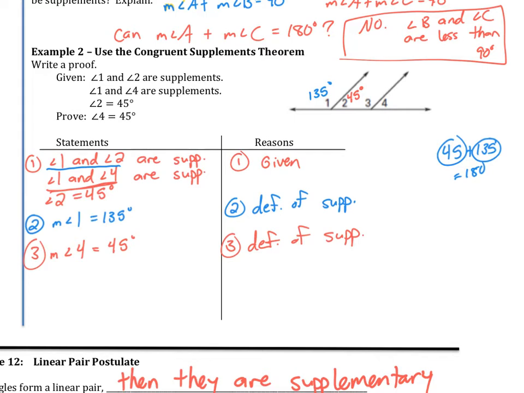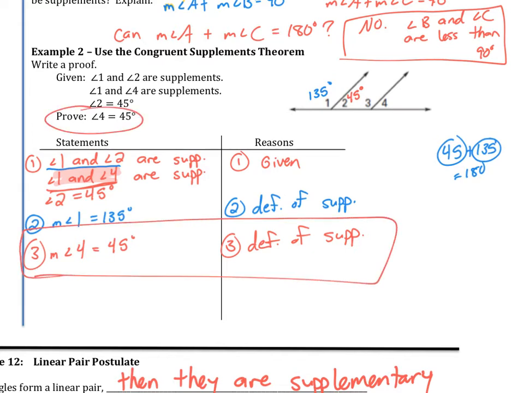Because angle 1 is 135, and angle 1 and angle 4 are supplements, so therefore angle 4 has to be 45 because 135 plus 45 is 180. So now we know that angle 2 is 45 and angle 4 is 45. We just proved that measure angle 4 is 45 degrees. So we are finished. We proved what they asked us to prove. And we used the definition of supplements.